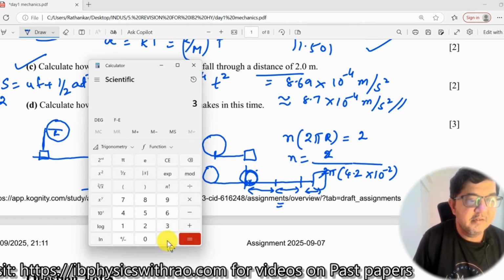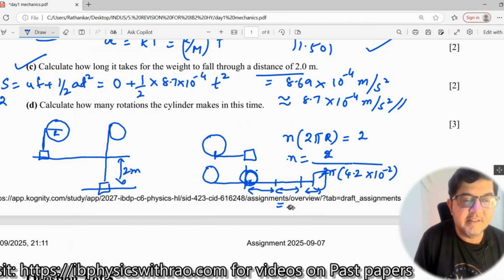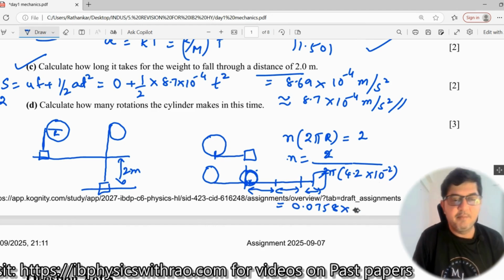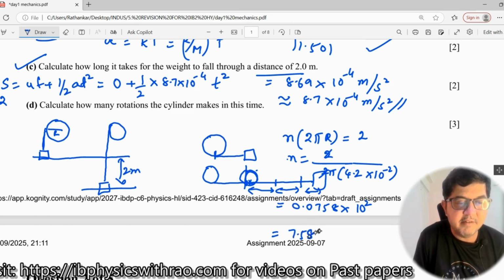Okay. 3.14 multiplied by 4.2 is what you get. 13.188. I'll take the reciprocal of this. I get the answer as 0.0758. Okay, 0.0758 multiplied by, see, I have taken only pi multiplied by 4.2. And this 10 to the power minus 2, I'll pull it upwards. When I pull it upwards, I get this as 10 square, which I can now write as 7.58.